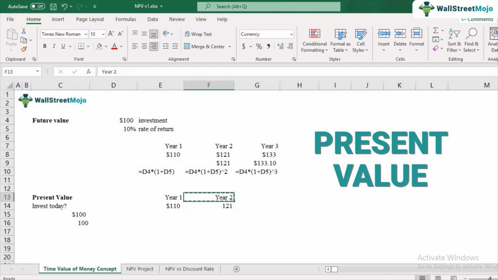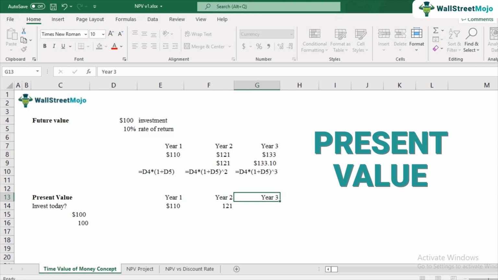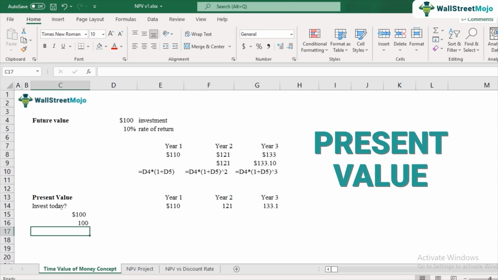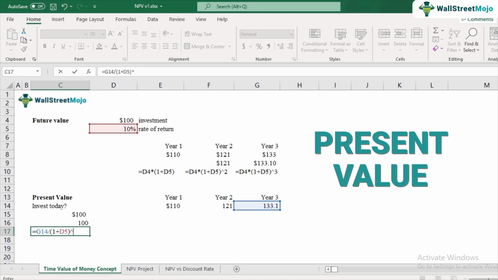Now taking another step, year 3, if you wanted 133.10 at the end of third year, and you want to know how much is your present value today, then what will be your formula? The formula will be this divided by 1 plus your rate of return to the power of 3, right? So as you can see, after 3 years, to the power of 3, when you're finding the present value, you're dividing by that, okay?